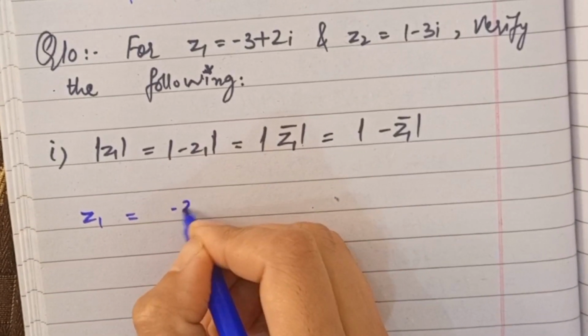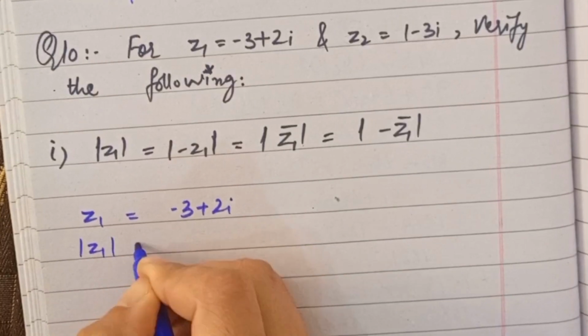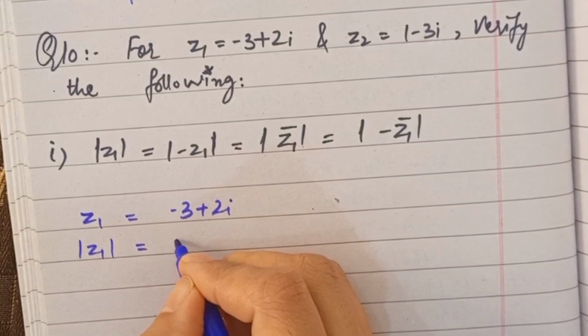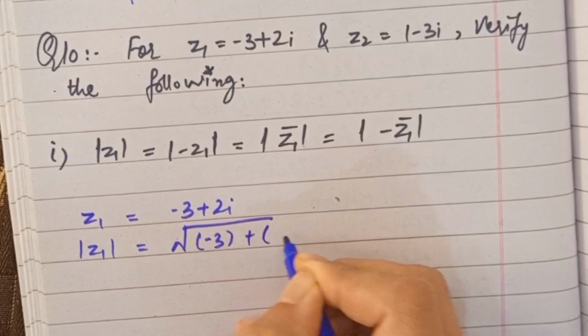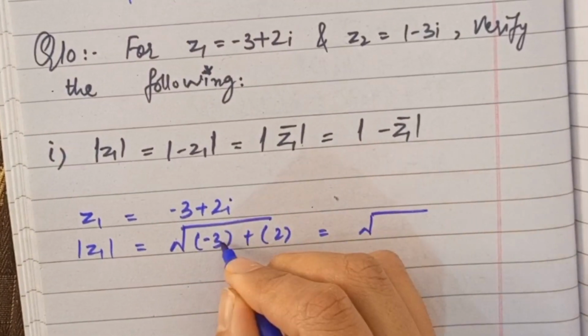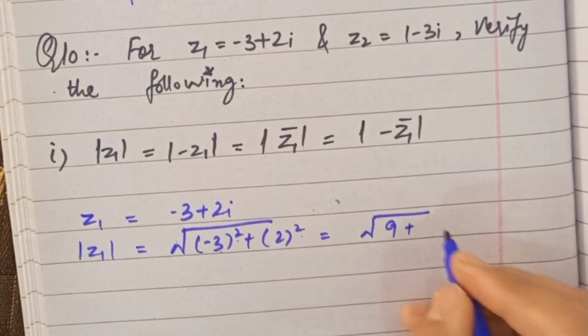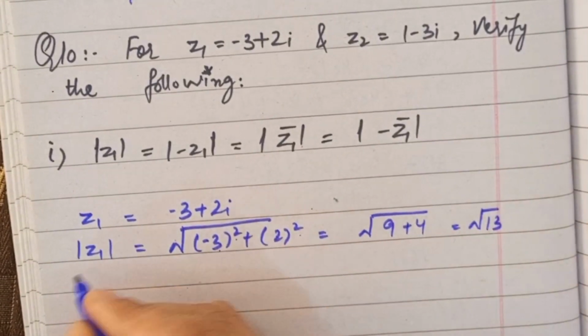Z1 is -3 plus 2 iota and modulus of Z1 equals to square root of -3 square plus 2 square, that is square root of 13.